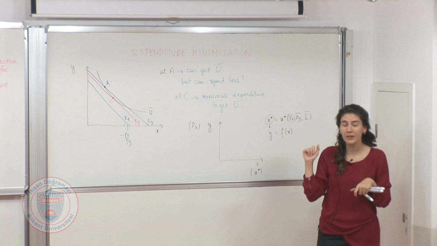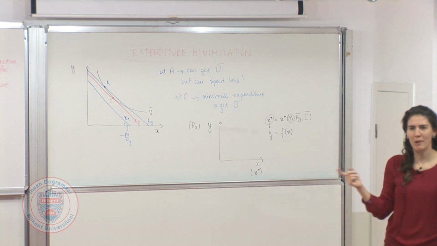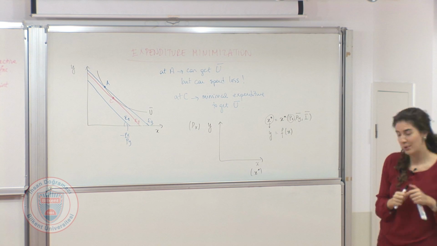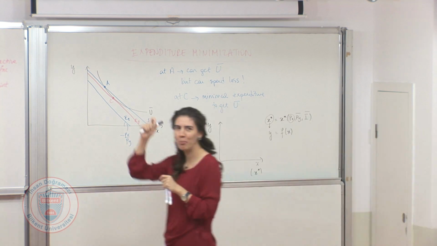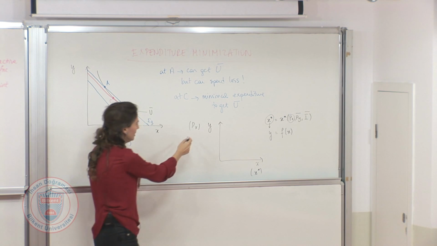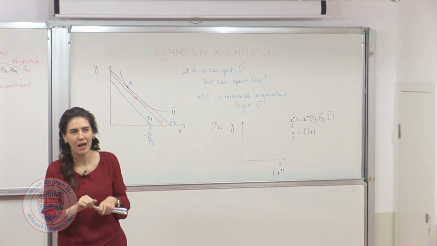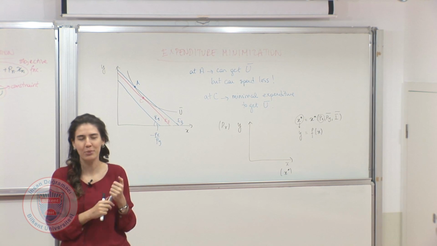So actually, Alfred Marshall is the one who's responsible for that. When he first drew those curves, he put px here and the quantity of x there, and that's why we put it like that.